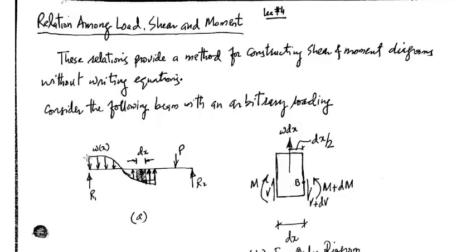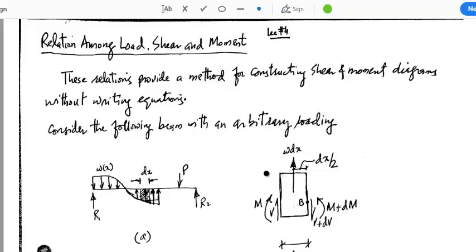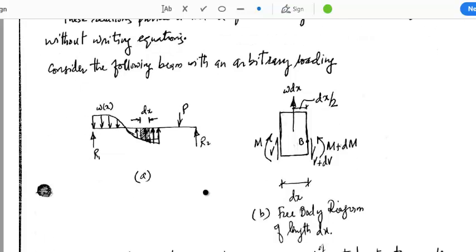It is just any variation of omega, and we are developing this relationship for a generalized case so that it remains valid for all the different cases that we will be dealing with in future. So we have a beam that is subjected to a distributed load and a point load.